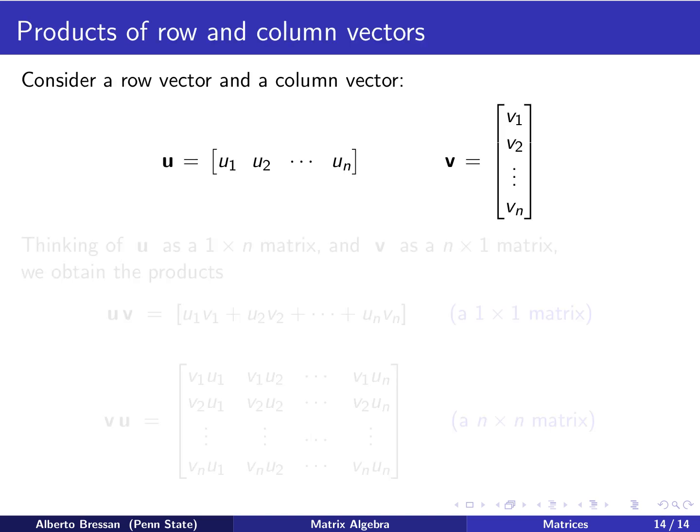Now, we are ready to introduce the concept of the product of a row and a column vector, which we have observed occurs repeatedly in the matrix product.